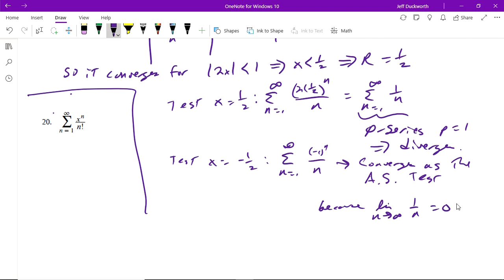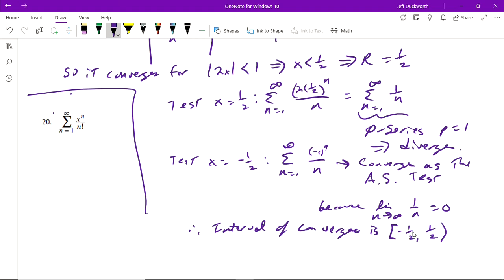Give that reason as well. Therefore, the interval of convergence includes negative 1/2, so we use the bracket there, and it goes to positive 1/2 but doesn't include it, so we use the parenthesis. This is one where we had to test both endpoints.